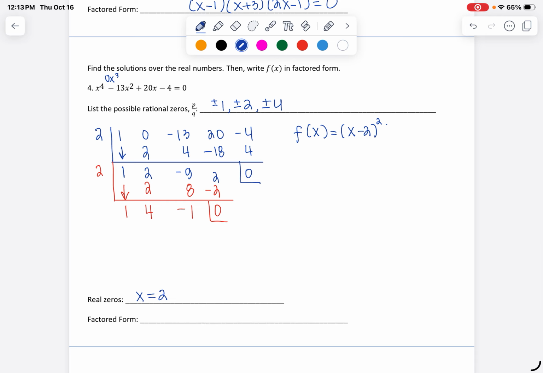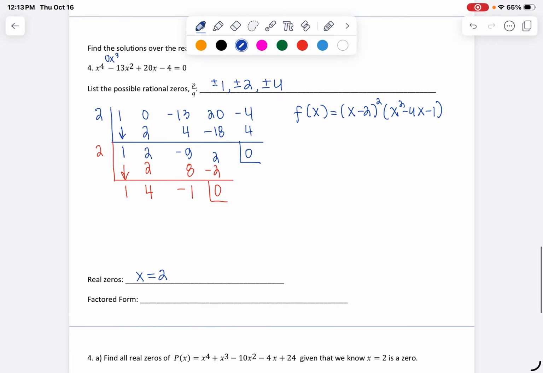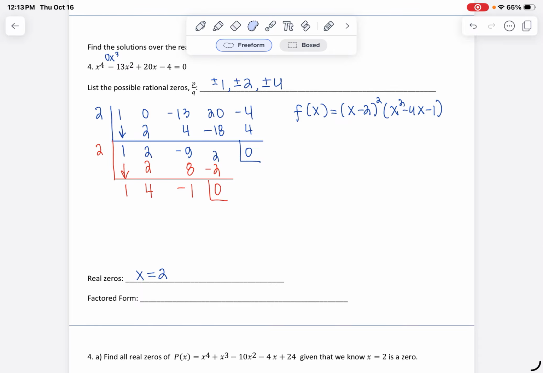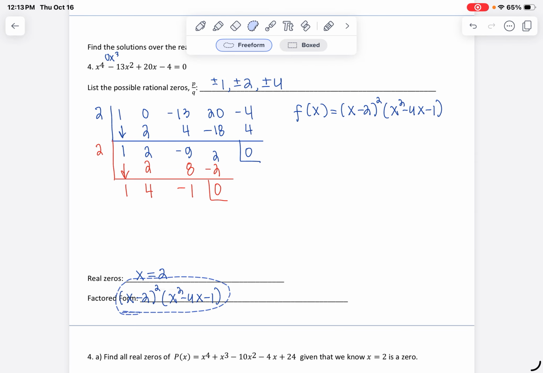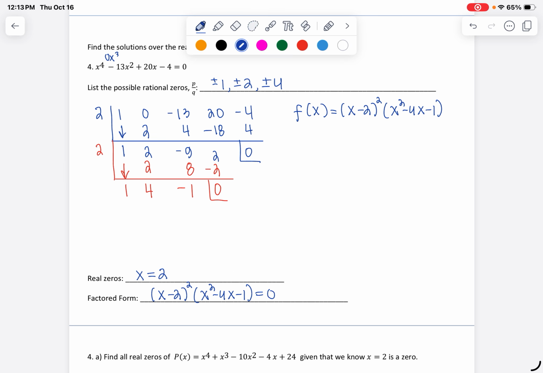And then I have my other factor, which is this quadratic x squared minus 4x minus 1, which is not factorable, so I'm going to complete the square. But this right here is my factored form because x squared minus 4x minus 1 is not factorable. This was equal to 0, so I'm going to hit copy, paste, equals 0. There's my factored form.